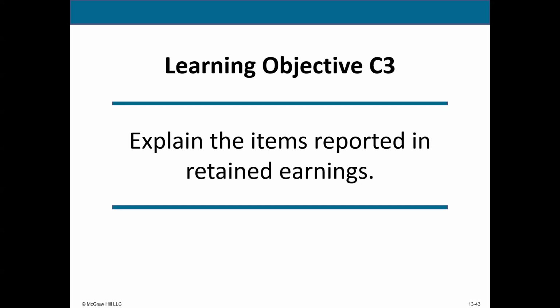You also learned about the balance sheet, which represents all of your asset accounts, liability accounts, and equity accounts. You also learned about the statement of cash flows, which represents operating, investing, and financing activities and all the cash coming into and out of the business. And now we're learning about what we call the statement of retained earnings, which represents the changes in ownership of the business.